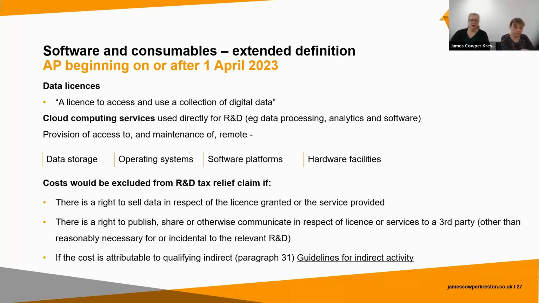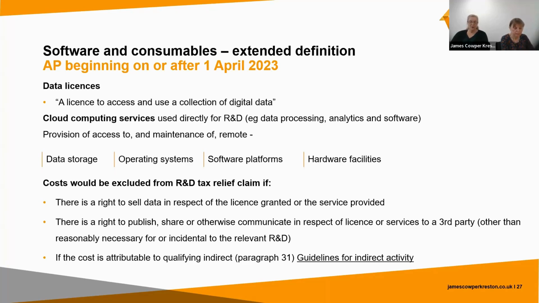So now we're going to cover some of the changes, and this change, software and consumables extended definition, is for accounting periods beginning on or after the 1st of April 2023. And this is part of the modernisation of the R&D system, and a welcome change because it brings in additional costs that a company may be able to claim for.